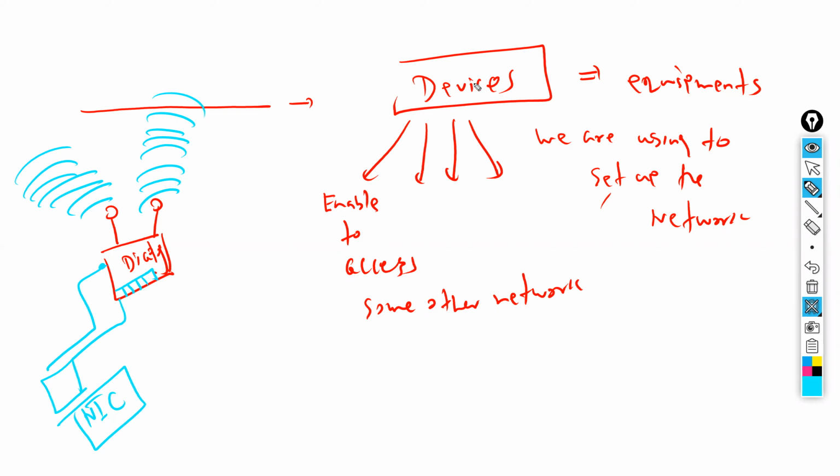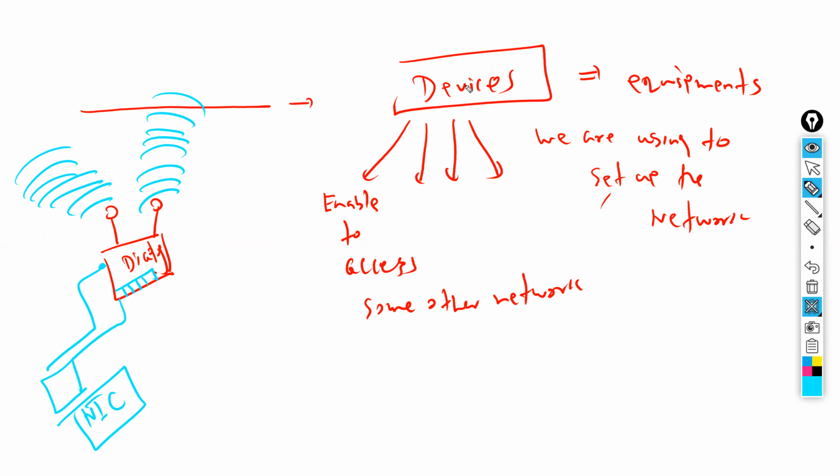So first of all you have to understand what we mean by networking devices. A networking device is a device which can enable access to some other network, or networking devices are the devices which help or support to set up the network.